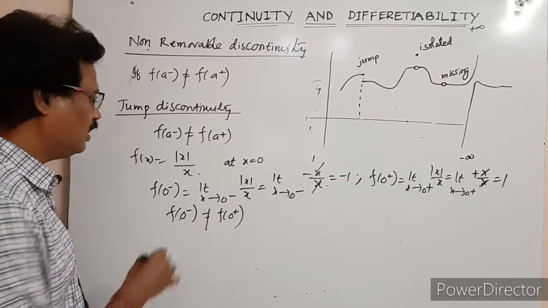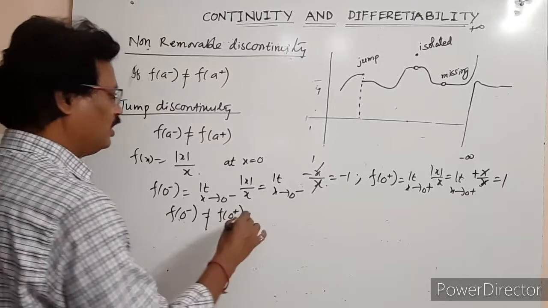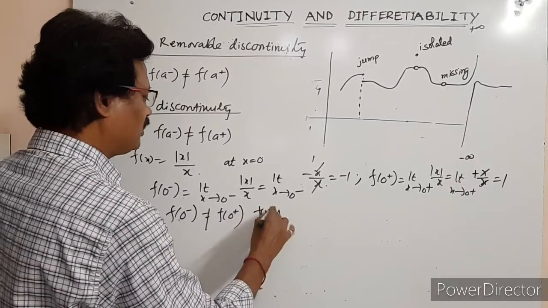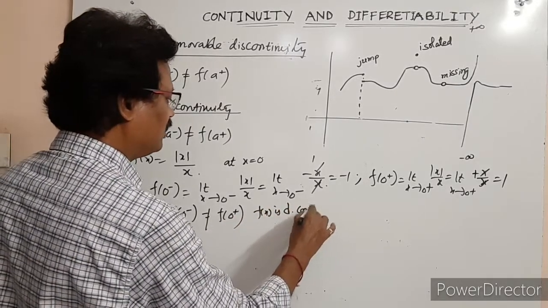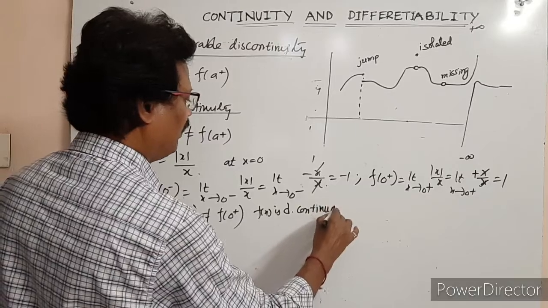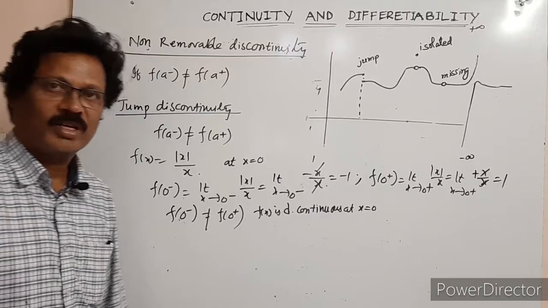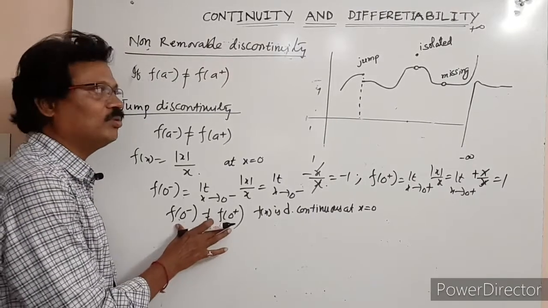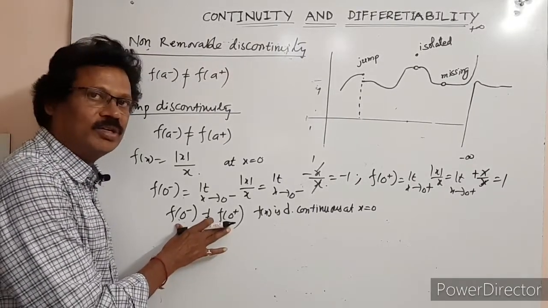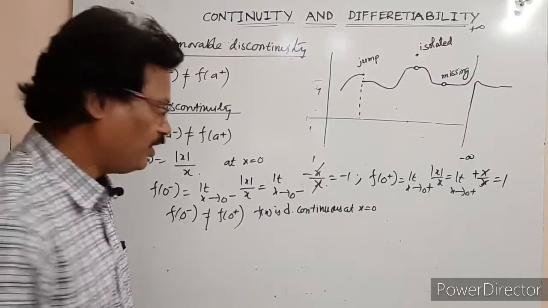This is called jump discontinuity. Therefore f(x) is discontinuous at x equal to 0. The difference of these two is called the jump of the discontinuity.